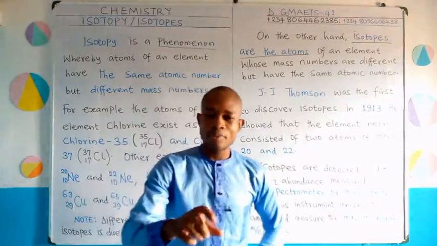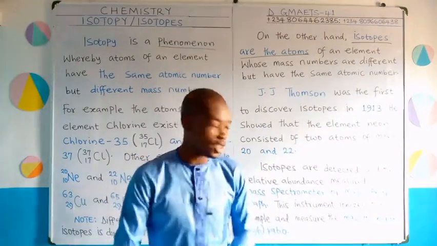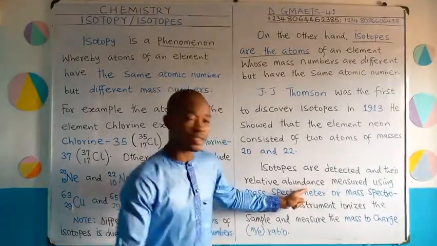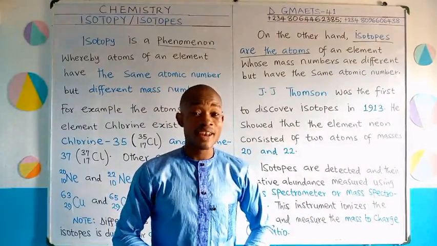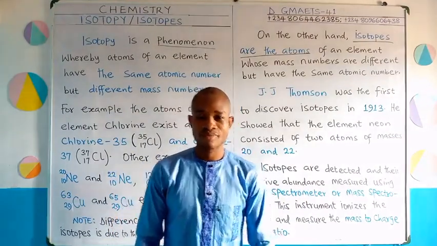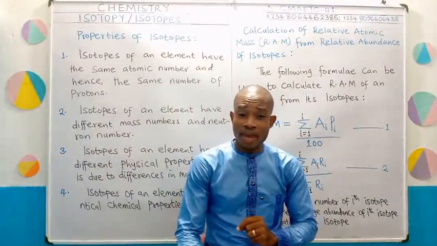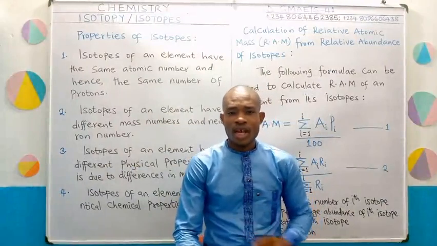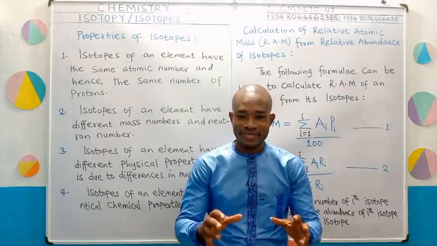Now we're going to talk about the properties of isotopes and how we can use the knowledge of the relative abundance of the isotopes to calculate what we call the relative atomic mass. We have been able to define the term isotopy, and I've also explained what isotopes are.